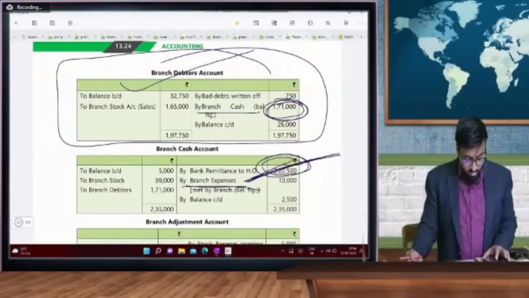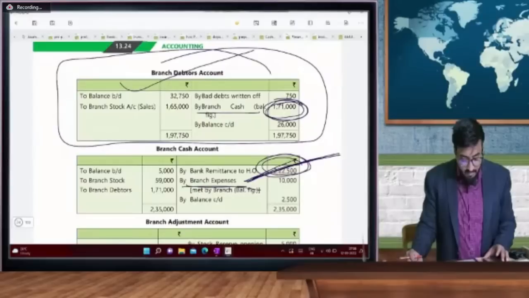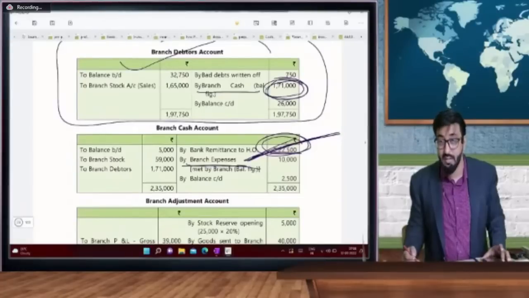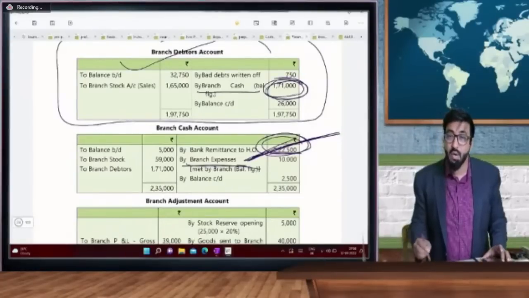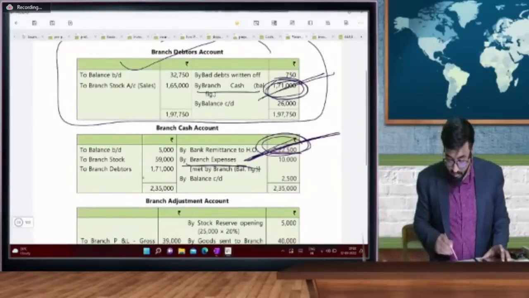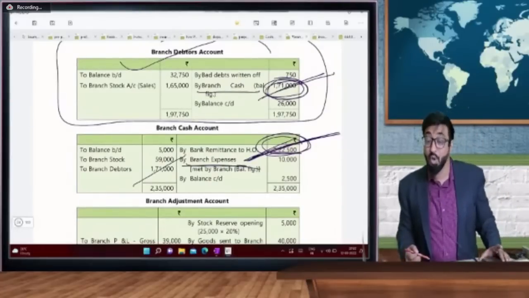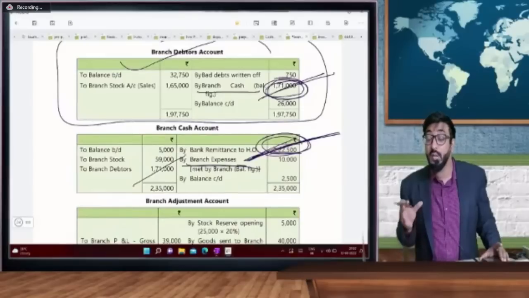So you have a lot of confusion, you are probably thinking too much. Cash collected is the same, beta, how can cash collected be different? Cash remittance will be recorded in the books in the debtors method, and in the stock and debtors method you will record only 1,71,000, and that will be debited, because remittance is not important in the stock and debtors method, as we are not thinking from the angle of HO. In the stock and debtors method we think from the angle of branch.